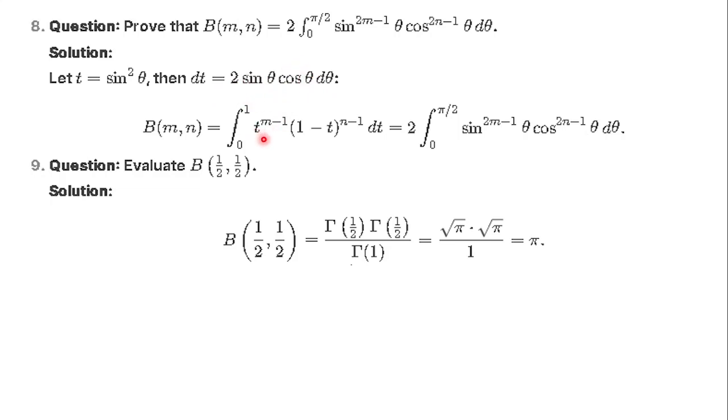Anywhere you see t, you put this, and anywhere you see dt, you put that, and you're going to have an expression like this. Automatically you have been able to show that B of this is equal to that. Very straightforward.